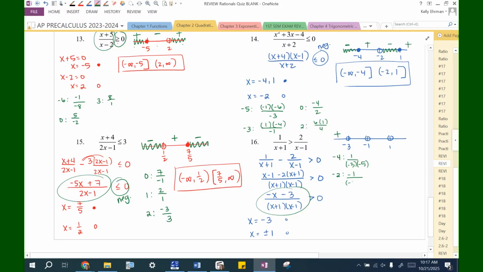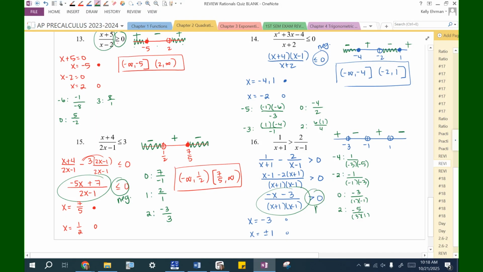And then negative 1 times negative 3. A negative divided by a positive is negative. Plug in 0. Negative 3 on top. 1 times negative 1 on the bottom. That's positive. And then 2. Negative 2 minus 3 is negative 5. 3 times 1. So negative 5 over 3 is negative.